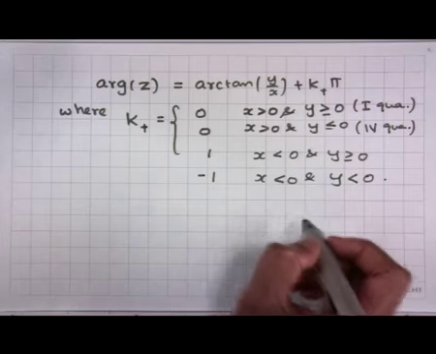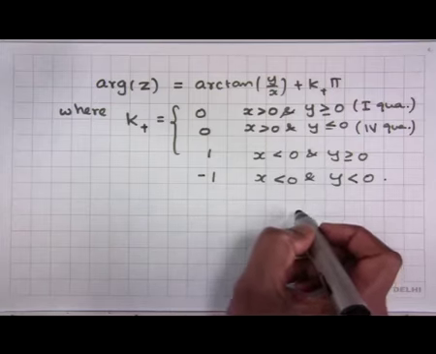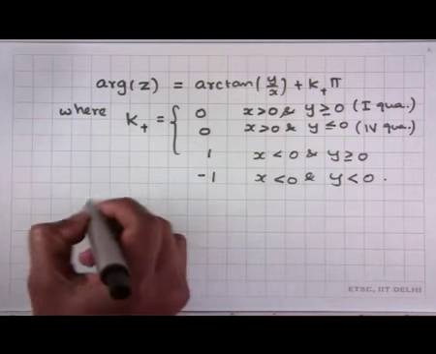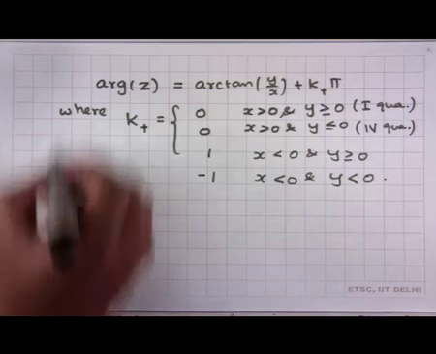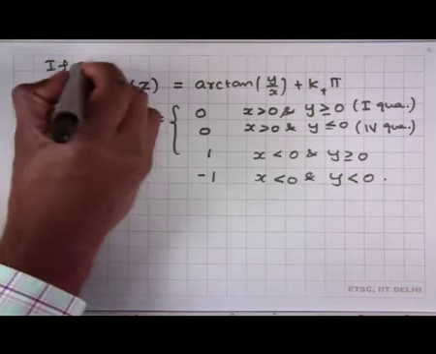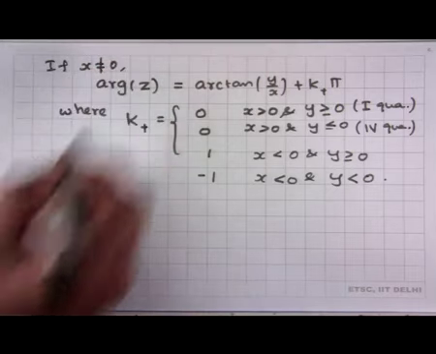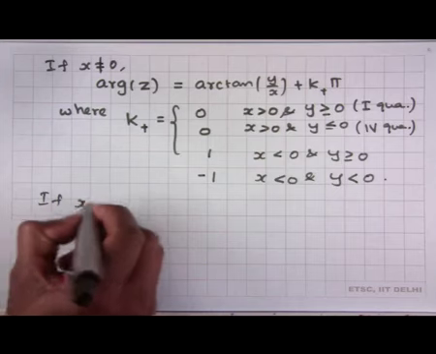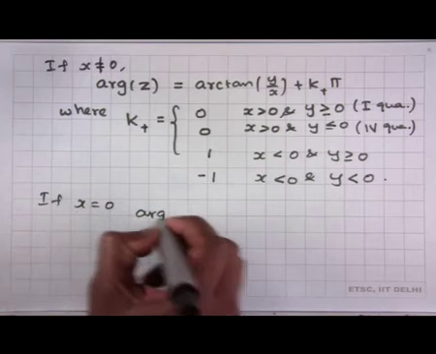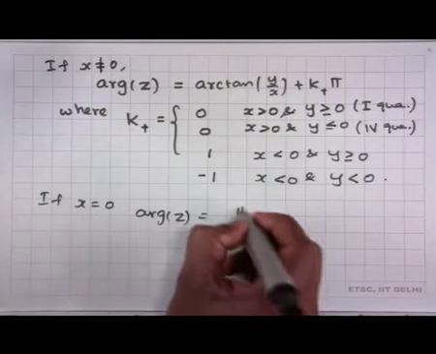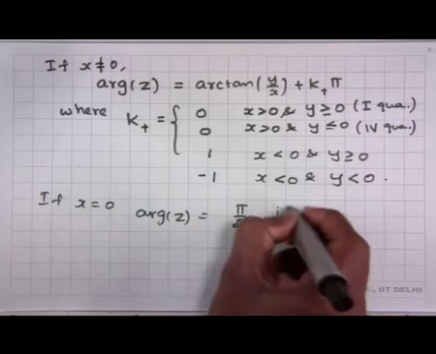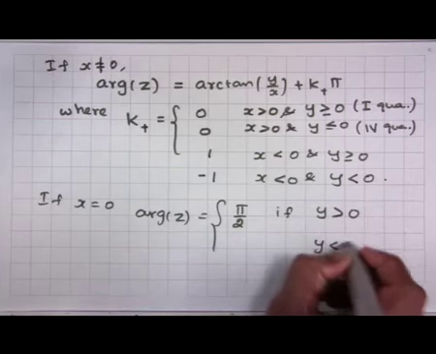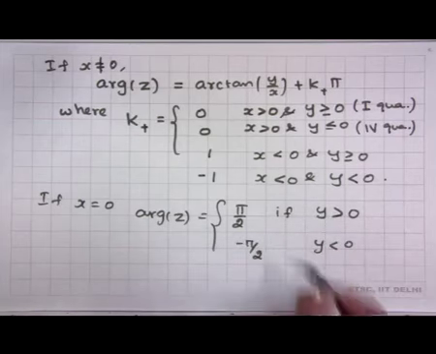If x equal to 0, then it is the y axis, and with y non-zero we get this formula: argument of z is pi by 2 if y is positive, and if y is negative, we take minus pi by 2.